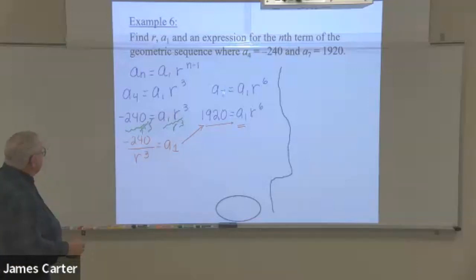Well, the seventh term, when you put it in this formula, is this. We put the 1920 in here. We know that the first term is this business, so we're going to replace that with all of this, like so.